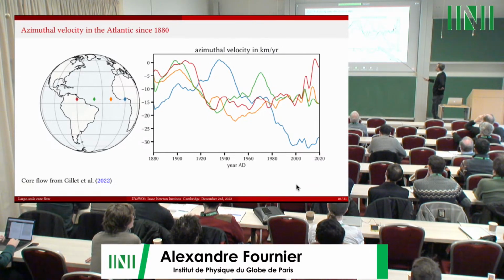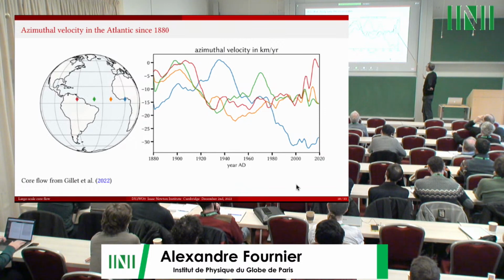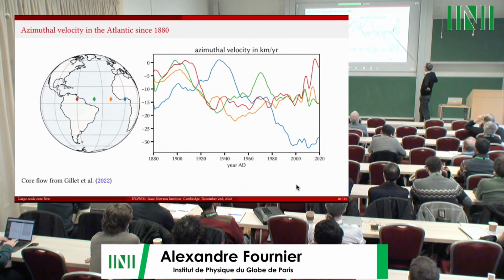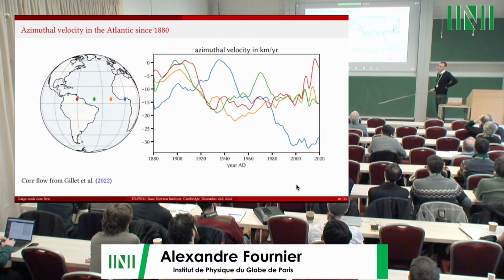What you see is that overall you've got an average value of 15 kilometers per year westward, that there are signs of decadal fluctuations. And you can also notice that more recently there are higher frequencies contained in the signal. And these may be an indication of the waves that we heard about earlier this week.